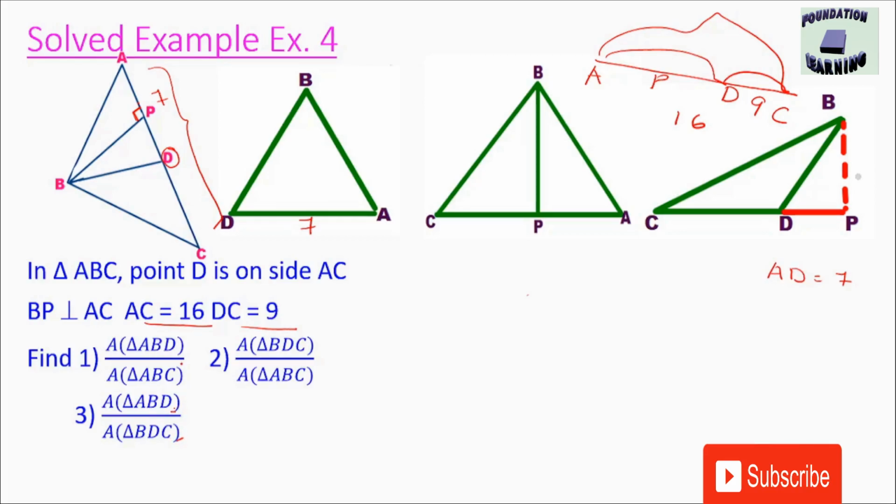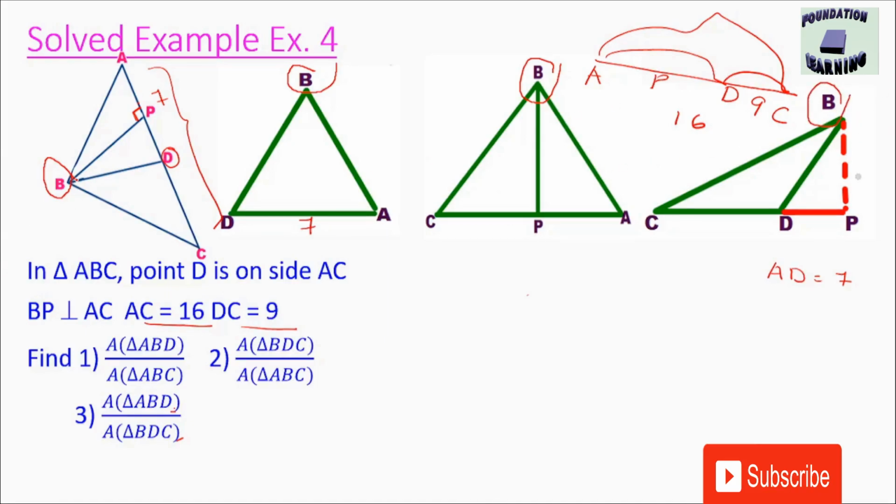Before we start finding, one point to be noted is this. Point D is on this side and B is common. Remember, we have learned that when the vertex is common for all the triangles, then the heights are common. Here I have drawn the triangles separately: we have ABD, ABC, and BDC.